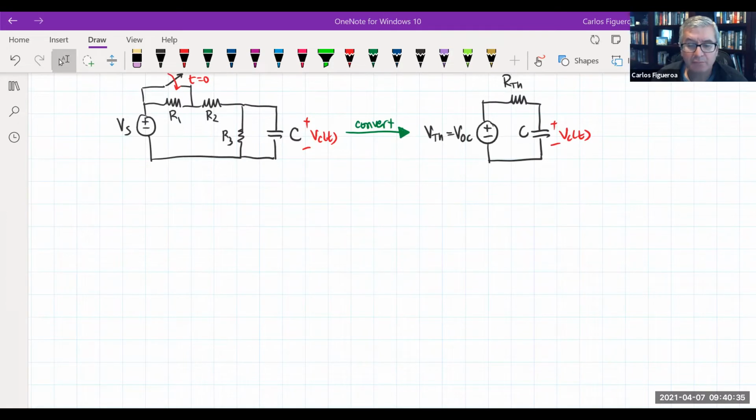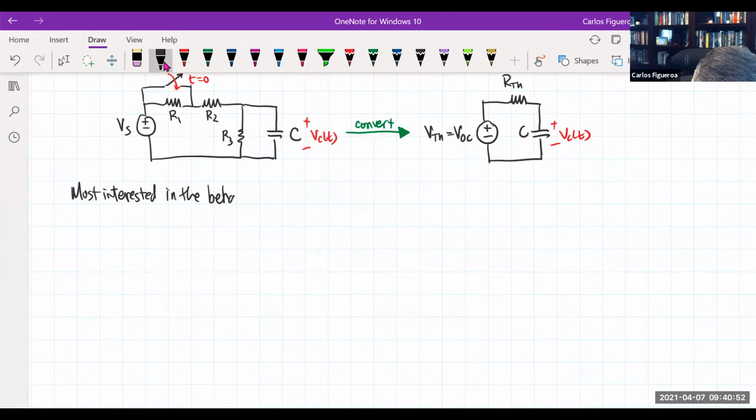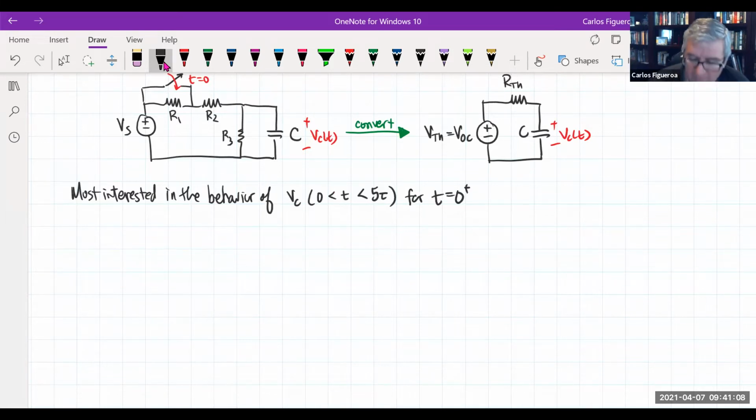So when we look at the process of what actually happens, you're going to see that we're most interested in the behavior of VC of t between 0 less than t less than 5 tau, for 0 plus. That's what we're interested in.